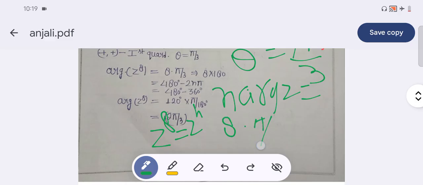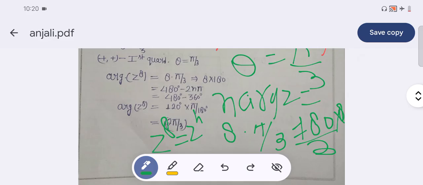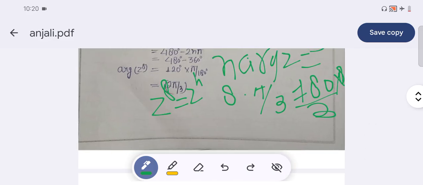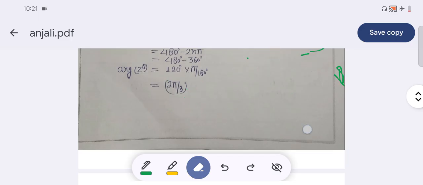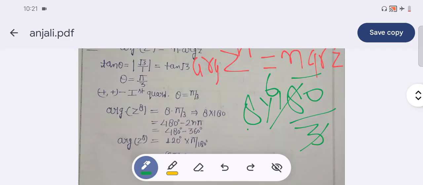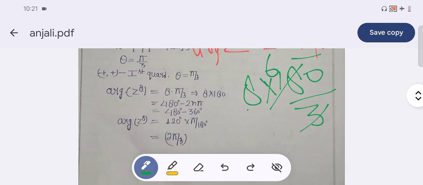So 8 multiplied by pi by 3, where pi is 180, so 8 multiplied by 180 upon 3. When we solve, 3 sixes are 18, this will be 480.